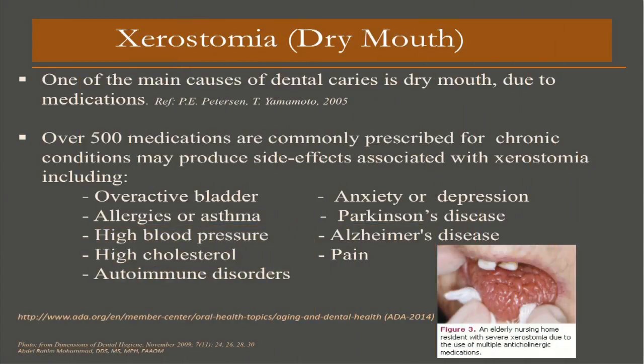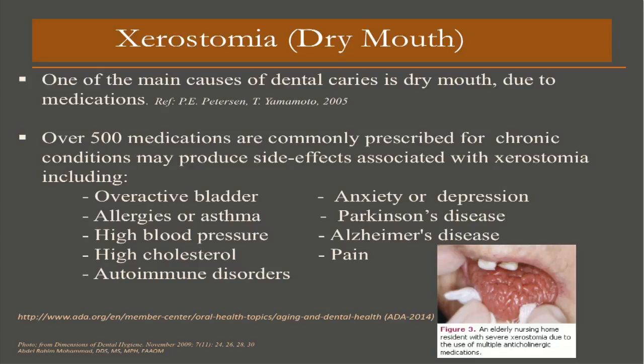Let's take a closer look at the 4 dental problems that we mentioned earlier: xerostomia, caries, periodontal disease, and tooth loss. Xerostomia is a side effect of many of the medications that elderly 65 and older take for a variety of chronic health issues.